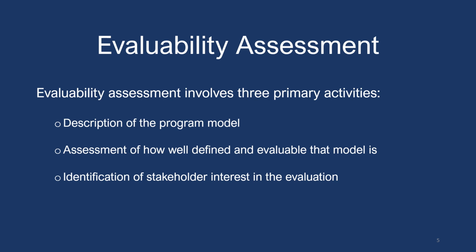The second goal is to assess how well the model will be able to be evaluated. So we need to look down the road and make sure that we're setting the program up from the beginning to enable us to evaluate it later. And thirdly, looking at the stakeholders' interest in further evaluation and the purposes for which they may need to use the evaluation findings.